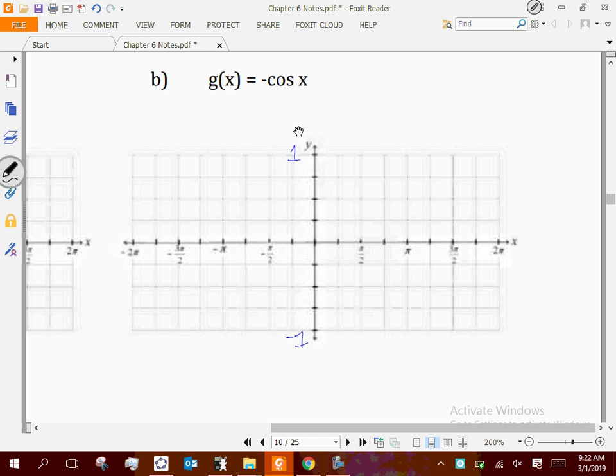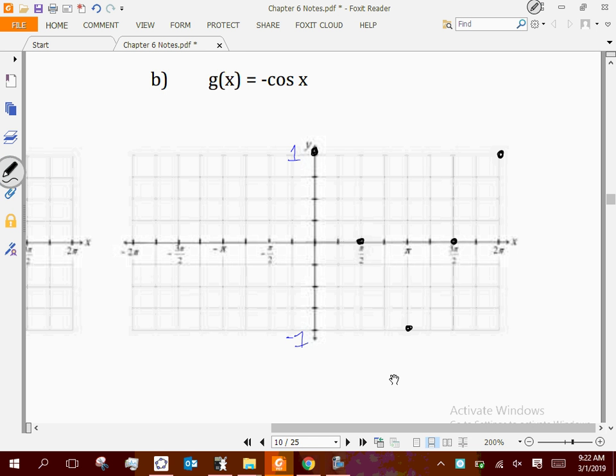So here we go. Cosine, again, parent function: 0, 1, 2 pi, 1, pi, negative 1. Halfway in between, you cross the x-axis, right? So those are your 5 parent function points for cosine.